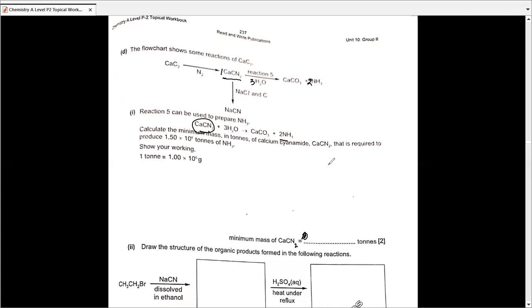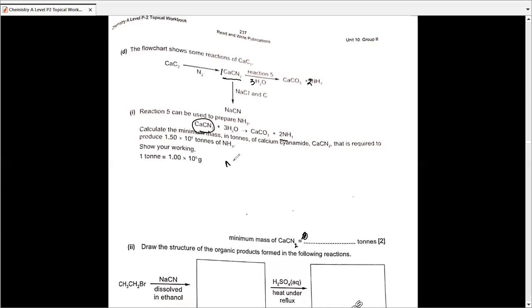So we cannot, because the mole ratio is 1 to 2, but the mass needs to be converted into moles first. If you do it directly, I don't think it's going to give you the correct answer.